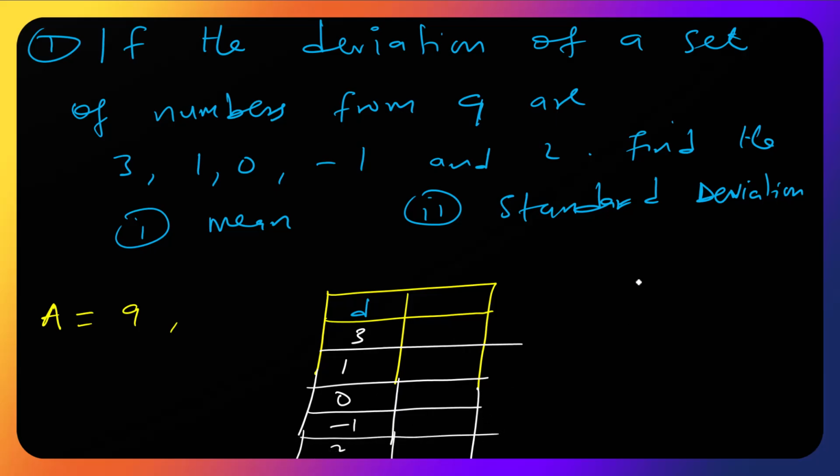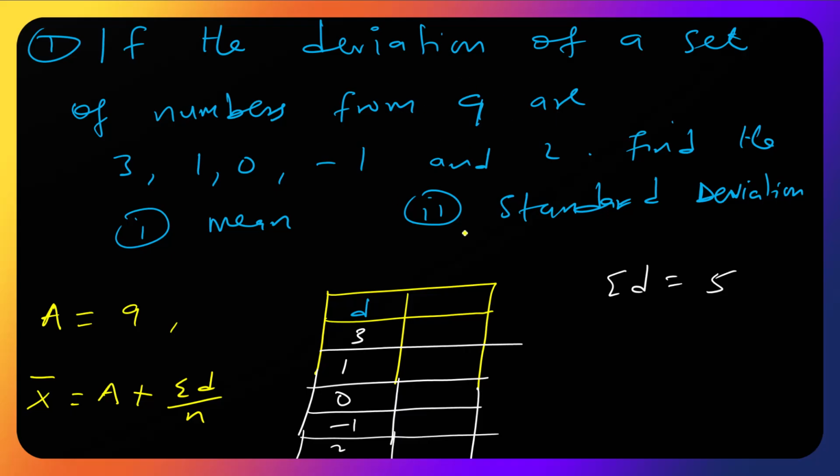Okay, so let's find the total of the deviations, summation of d. So 4, 6, minus 1, that is 5. Remember the mean is given by a plus summation of d over n. My n here, 1, 2, 3, 4, 5.